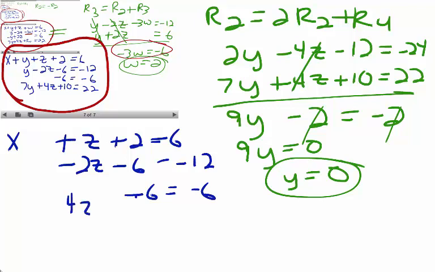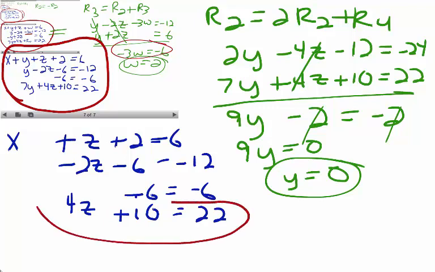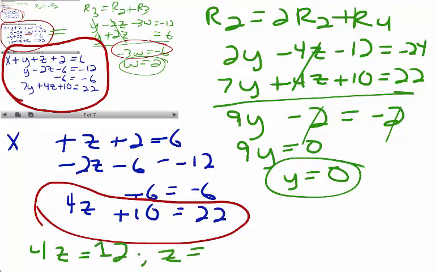So we have 4z plus 10 equals 22. From here, we can see that it would be fairly easy to solve for z using row 4. Subtracting 10 from both sides gives us 4z equals 12. So we know that z is equal to 3.